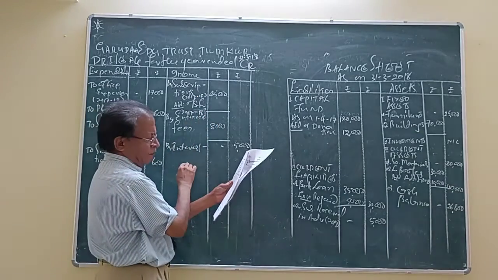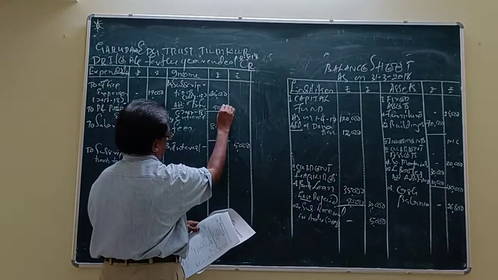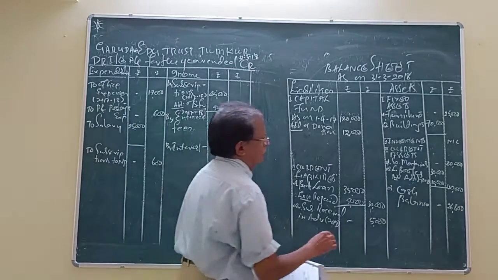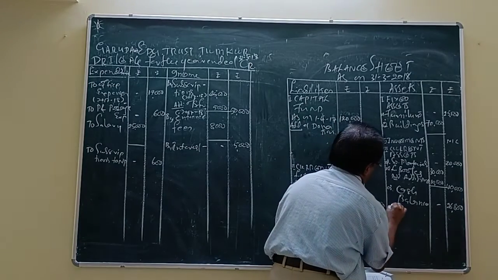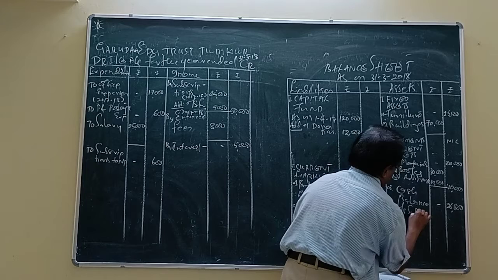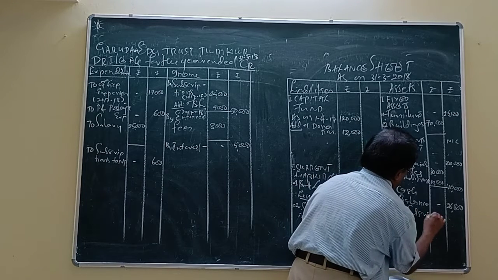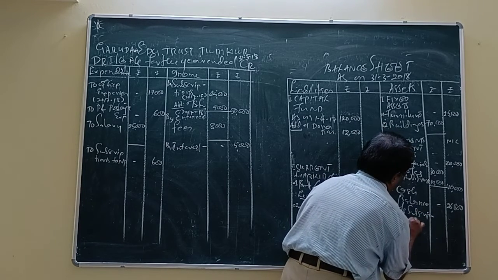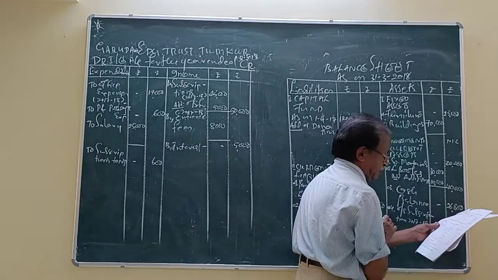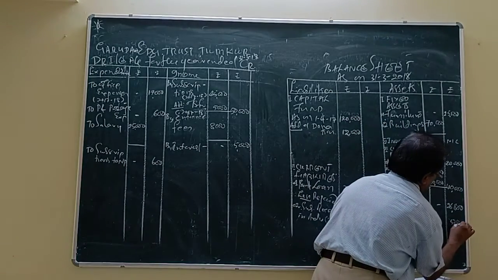How much? 5,000. Outer column 50,000. In the balance sheet, under the heading current asset, outstanding subscription for 2017-18, how much? 5,000 outer column.